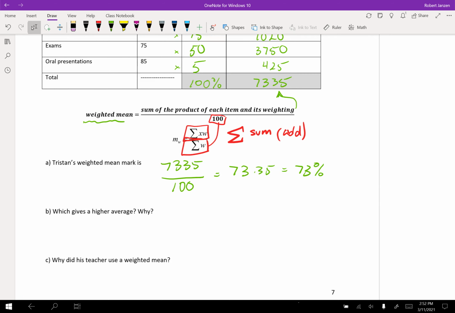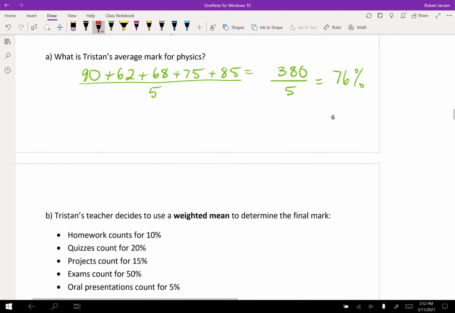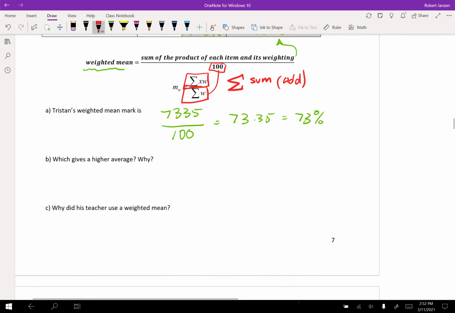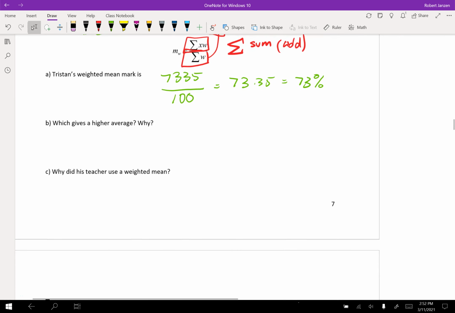So now the question says, which gives a higher average? So this was 73. Our last one was 76. So what does this mean? Which average is higher? The mean, which was 76, is higher. Why is that?